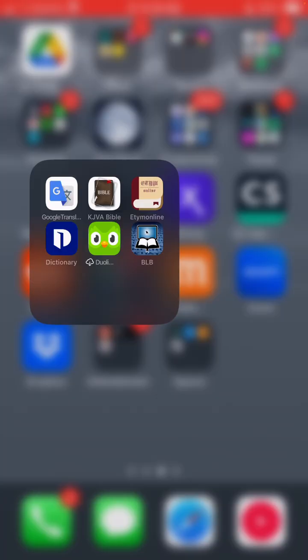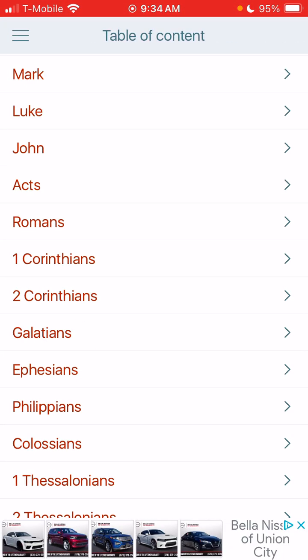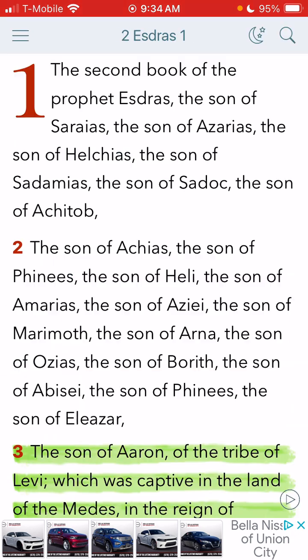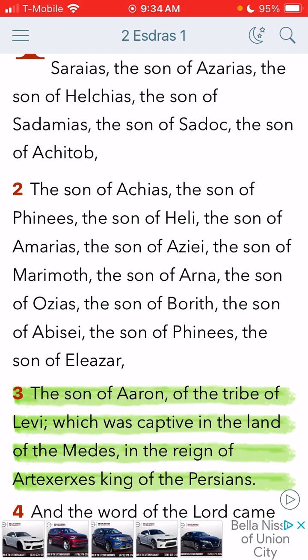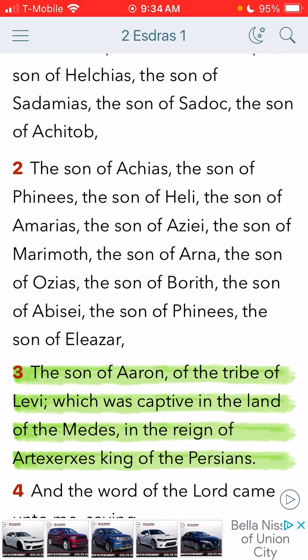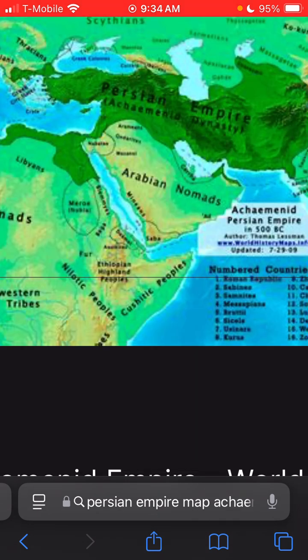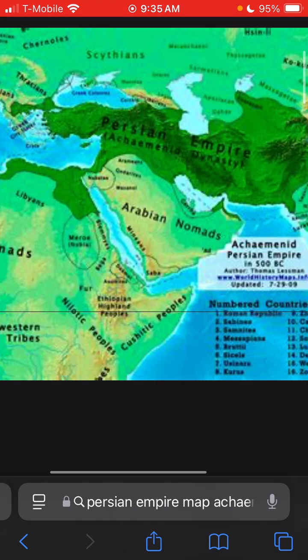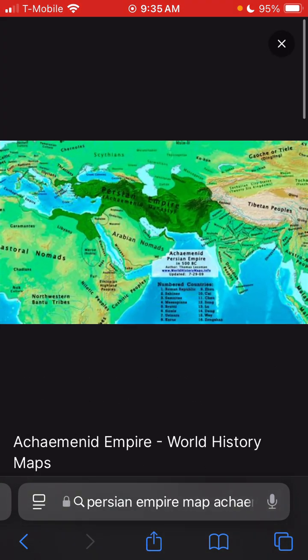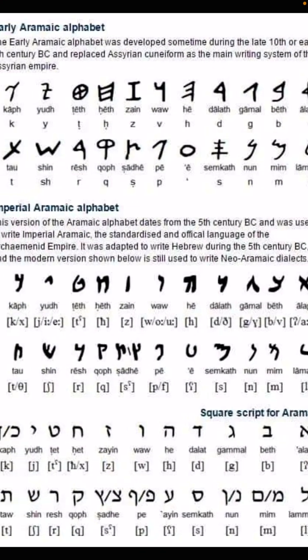And you can read it here. 2nd Ezra, the 1st chapter, verse 3: "The son of Aaron of the tribe of Levi, which was captive in the land of the Medes, in the reign of Artaxerxes, king of the Persians." This is Ezra. He was held captive in the land of the enemies. So yeah, I just wanted to bring that out.